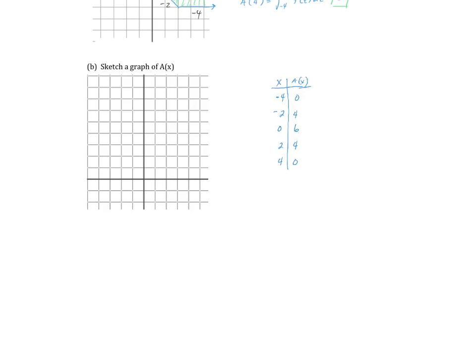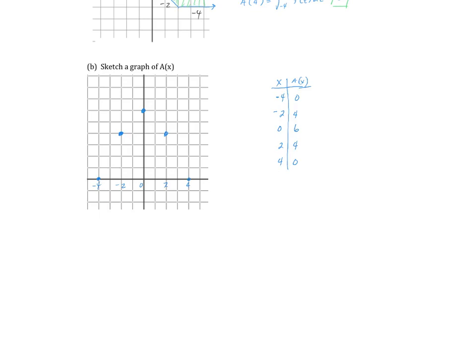So let's go ahead and just plot these points on the graph. -4 was 0. -2 was 4. At 0, we had 6. At 2, we had 4, and at 4, we had 0.